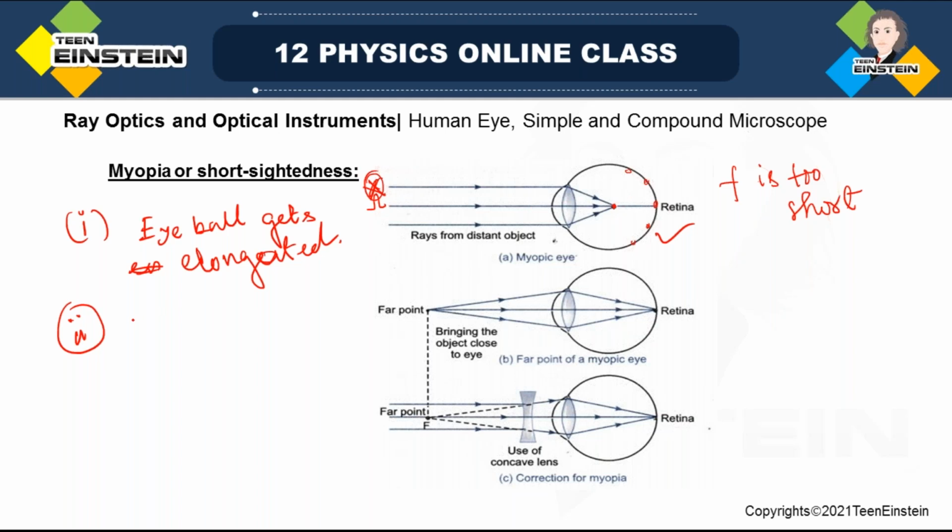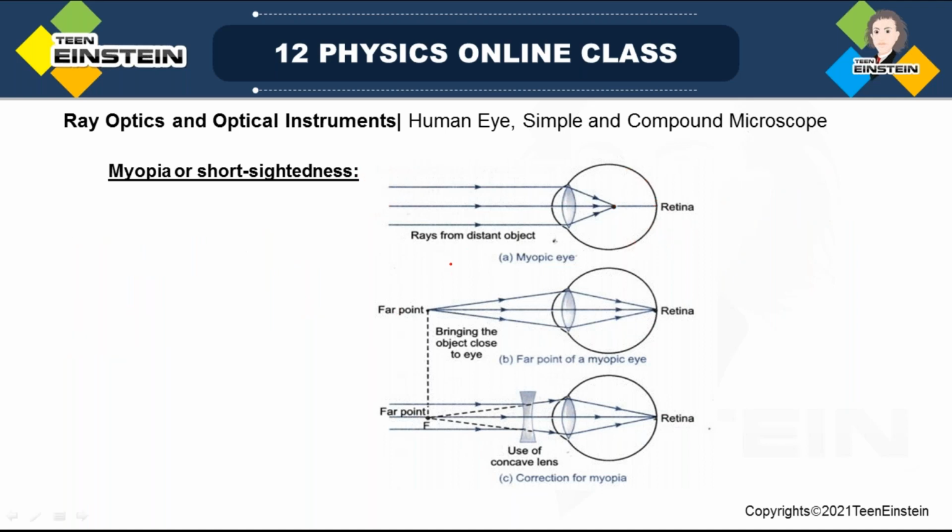So these are the two reasons for myopia: one, the eyeball gets elongated, so the distance between the lens and the retina becomes larger, and two, the focal length of the eye lens becomes too short. I hope you have understood what the problem is.